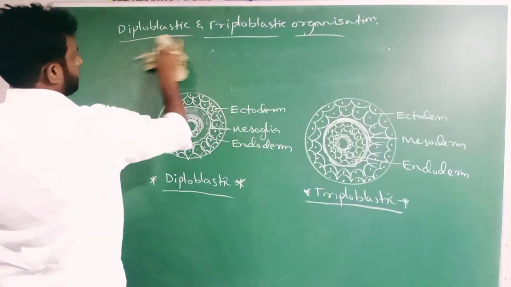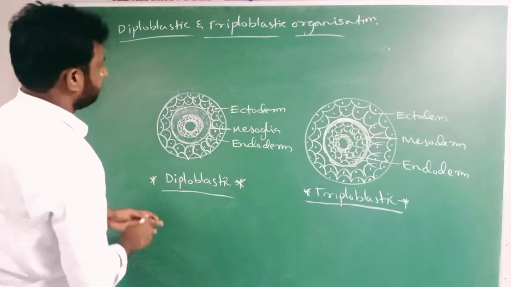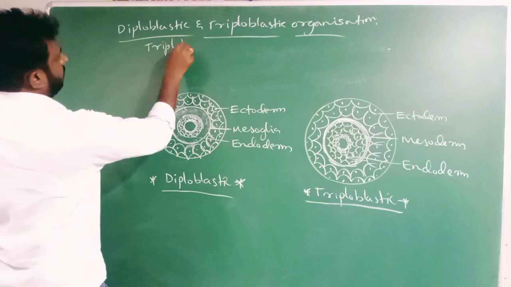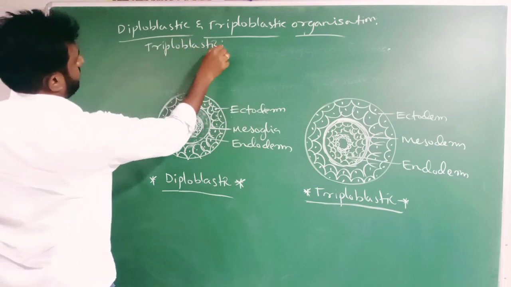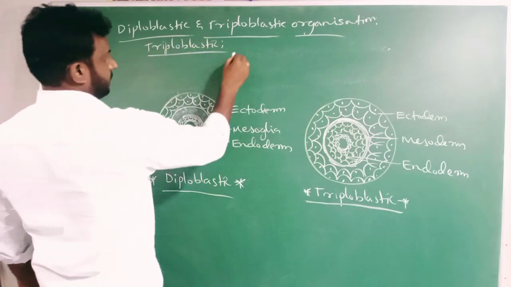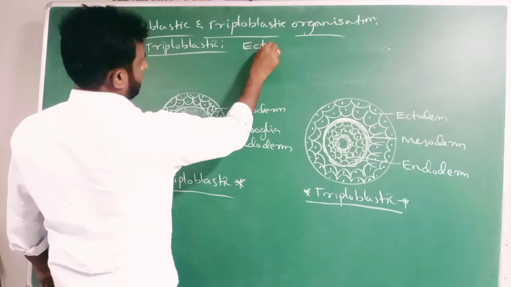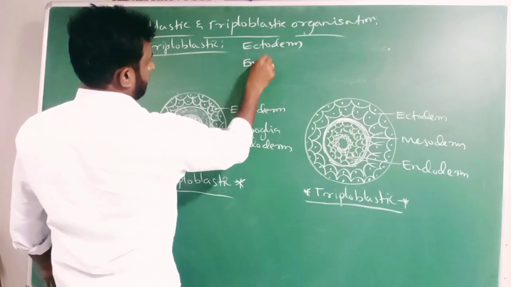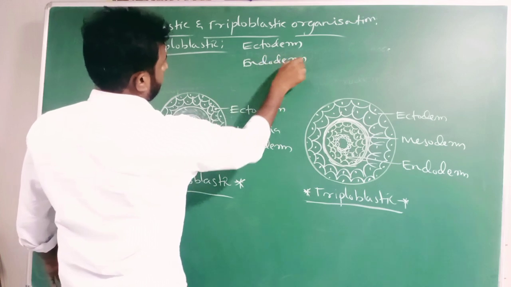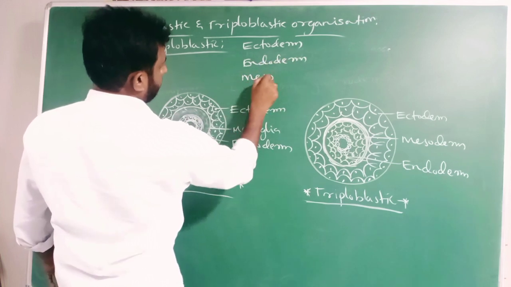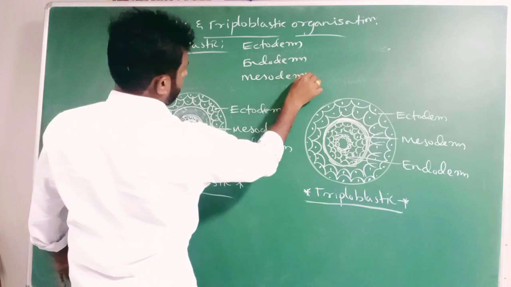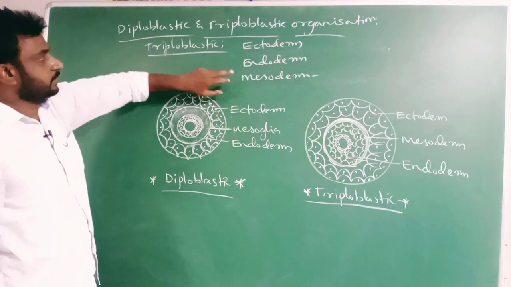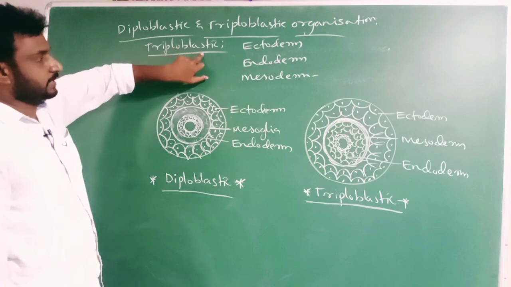That extra layer is called mesoderm. Three primary germ layers: the outer layer is called ectoderm, the inner layer is called endoderm, and the middle layer is called mesoderm. So for the first time mesoderm is developed in the triploblastic organization.